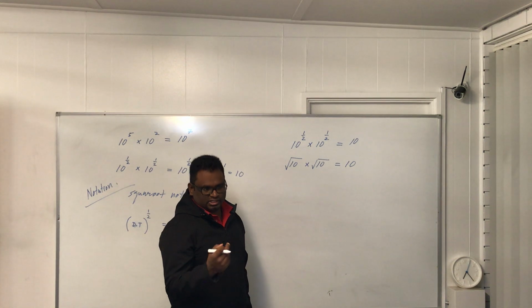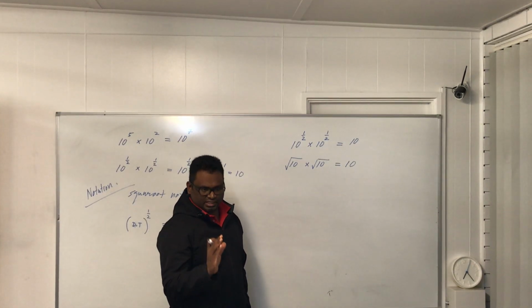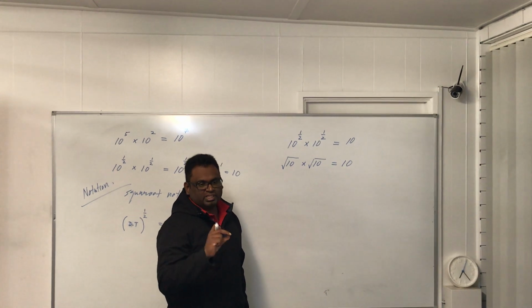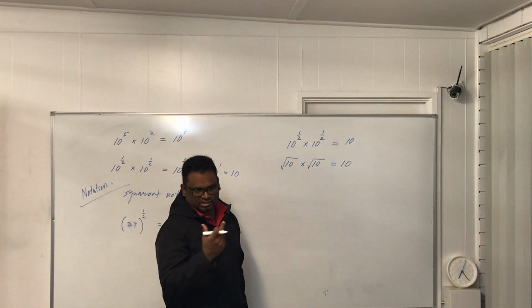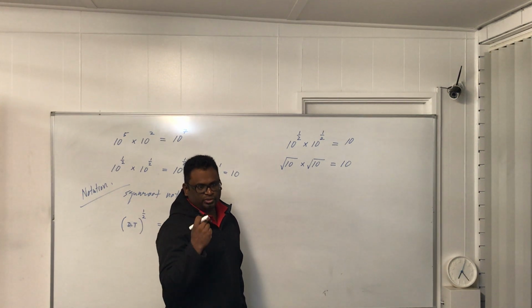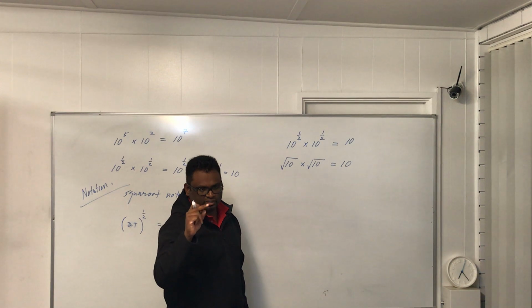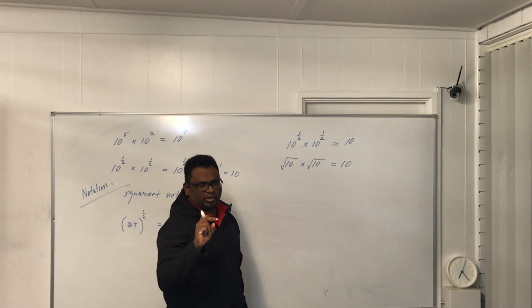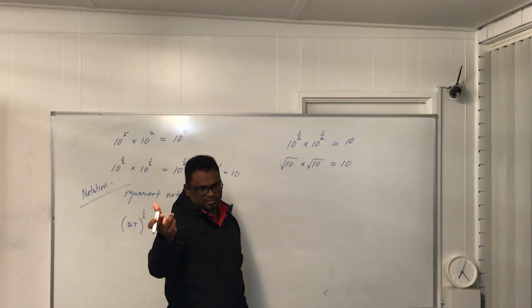Sometimes these notations are weird, right? But if you know the basics, it's very easy to understand the meaning of these notations. So when you see this square root thing, you have to understand that square root means something raised to the power half.